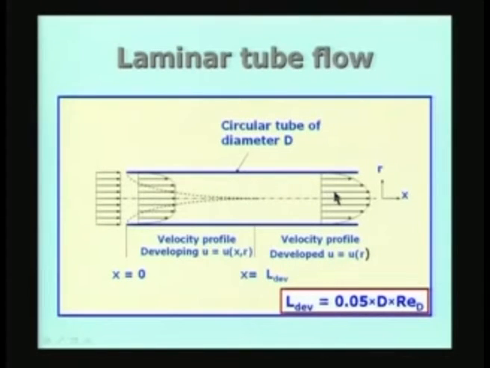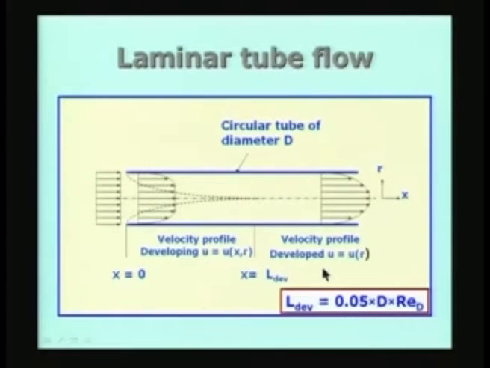The same momentum is crossing any section, and therefore we can in fact prove from fluid mechanics principles that the friction at the wall, the shear stress, due to friction is compensated by the pressure drop along the length of the tube. So this is the basic reason why we are looking at it.